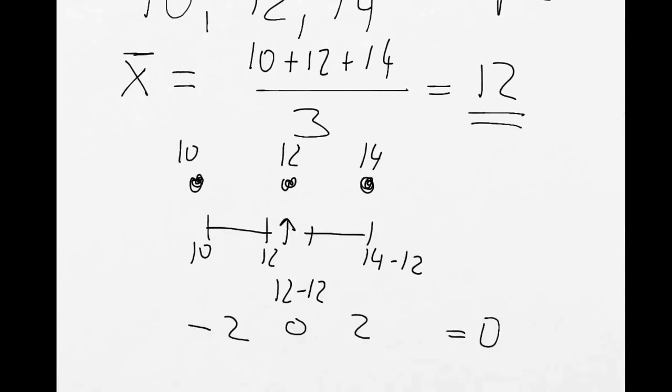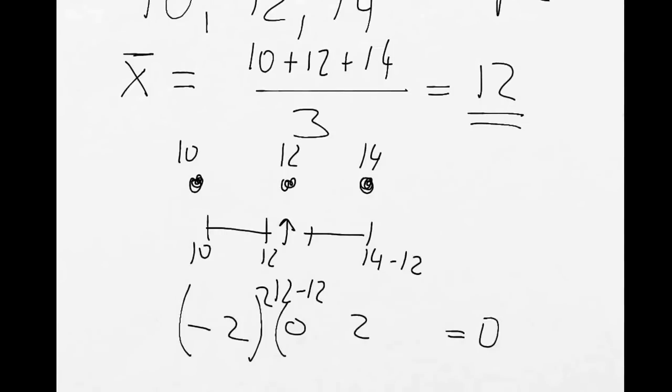And what we can do, if we want to take this approach, is instead of using the raw data like minus 2 and 2, we can square them. We can square all data, or the difference of all data, and that is a sort of dirty trick.